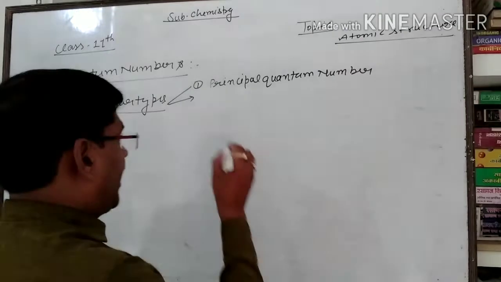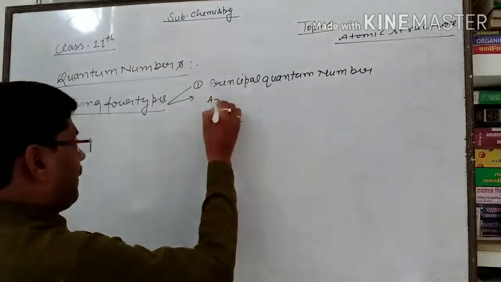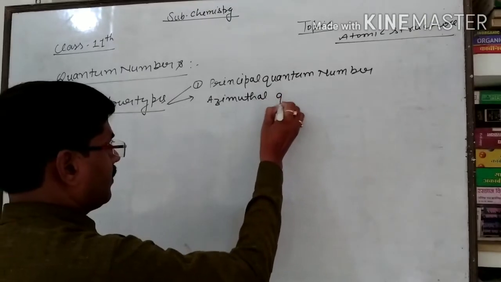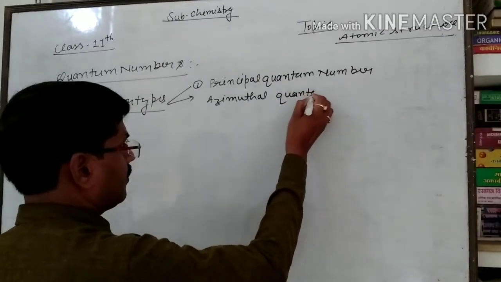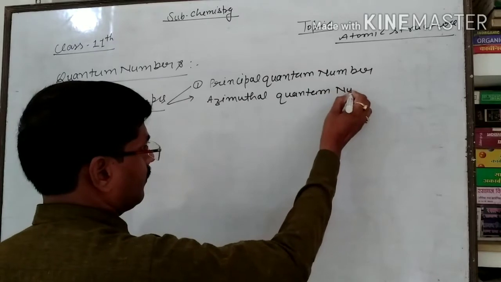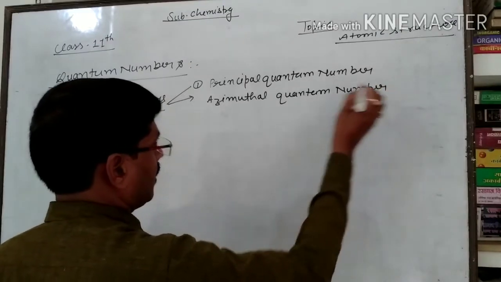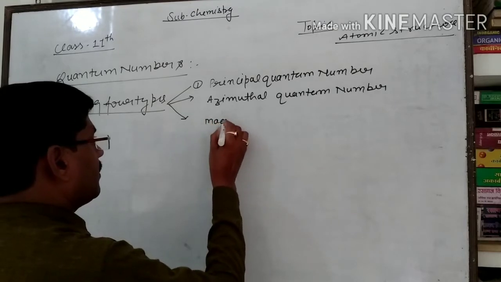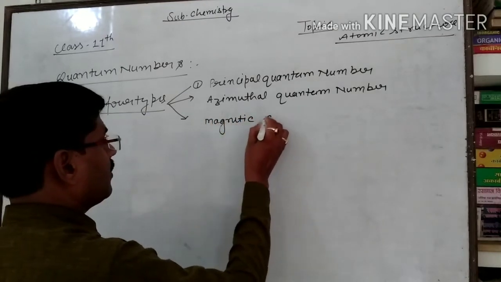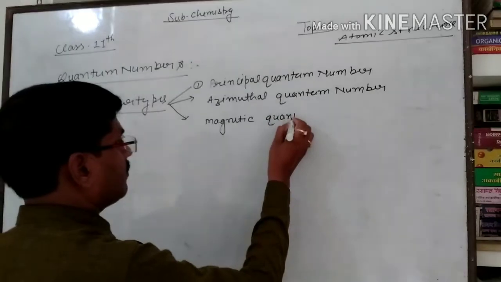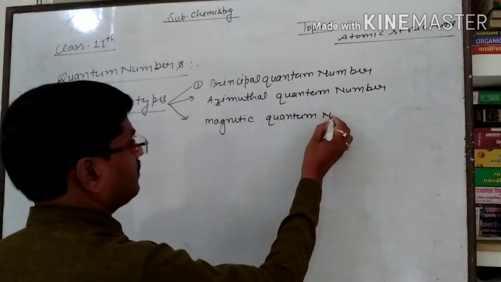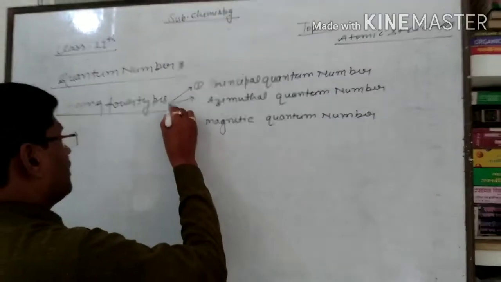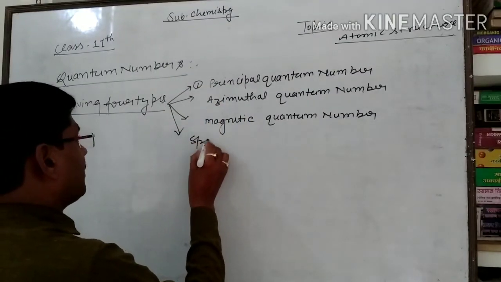Second one is the azimuthal quantum number. And third one is the magnetic quantum number. And fourth one is the spin quantum number.